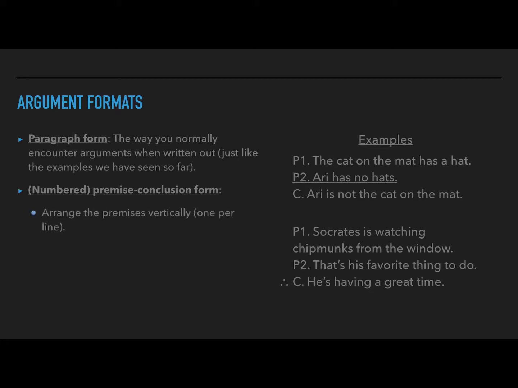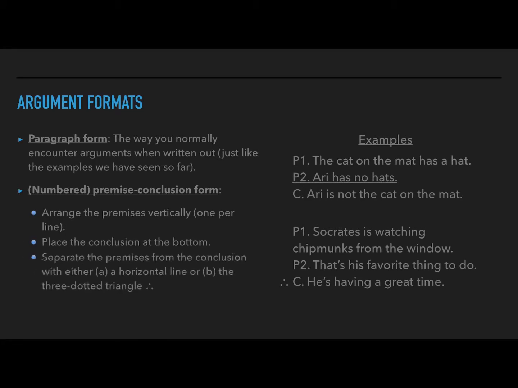So the first step is to arrange the premises vertically, one premise per line on top of the other. You see, I have premise 1 on one line, premise 2 on the next line below it, and so on. Place the conclusion at the bottom. Separate all the premises from the conclusion using a horizontal line, or the three-dotted triangle that you see there.